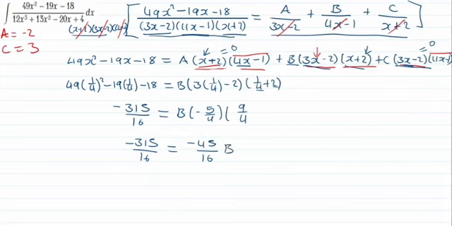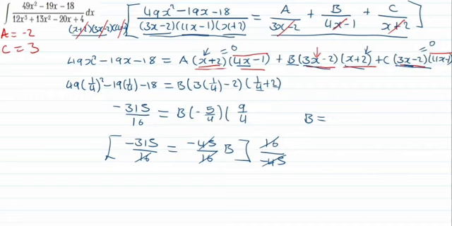So using this, I'm going to multiply everything by 16 over negative 45, meaning that our b here is going to be equal to this one, and this one will cancel out, this one and this one will cancel out, then 16 and 16 will also cancel out, meaning that what we'll have here is 315 divided by 45.